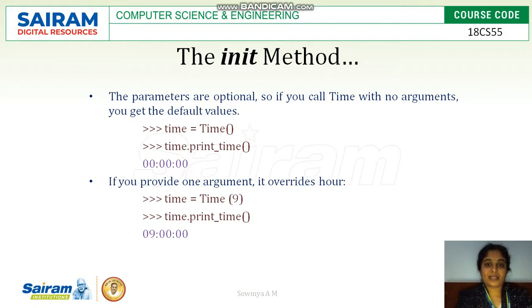Once the init method is written inside the class, if you create an object of the class Time and use a print statement to print the time, it will be printed as 000.